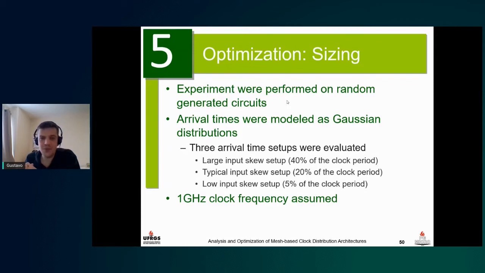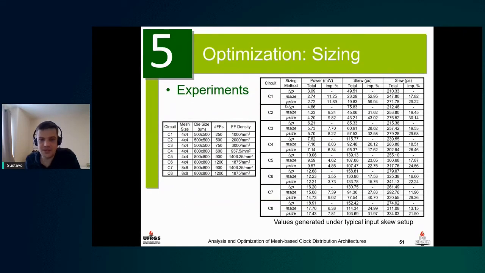So we made some experiments here with randomly generated circuits. The arrival times were modeled as Gaussian distributions, and we evaluated three types of scenarios: one with a large input skew, one with a typical, and one with a low input skew. For all experiments, we assumed a 1 gigahertz clock frequency. So this is the result.